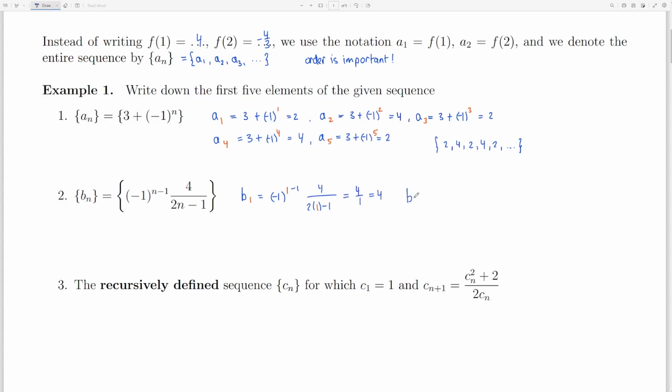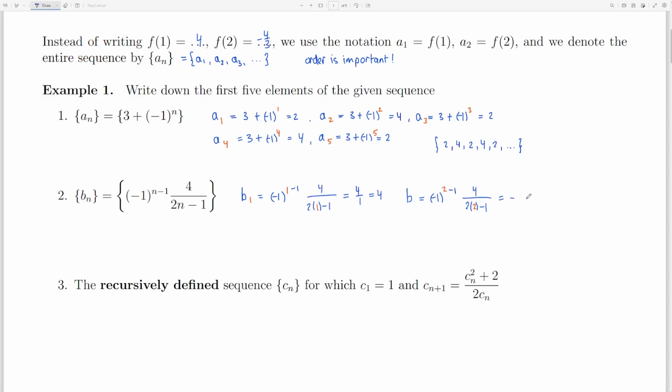Okay, now let's take a look at b sub 2. That's -1 to the power 2 minus 1 times 4 over 2 times 2 minus 1. So we get -1 to the power 1, that gives us a negative.